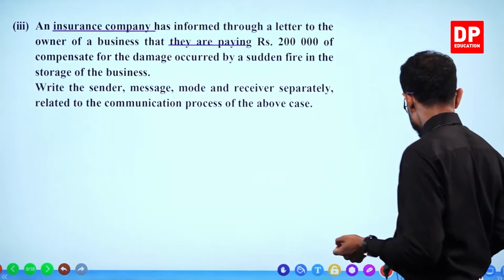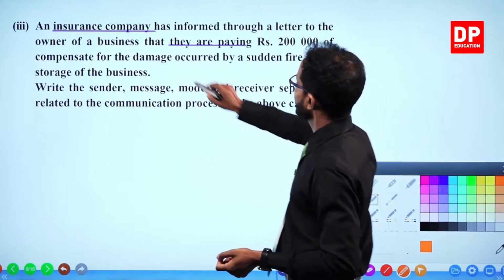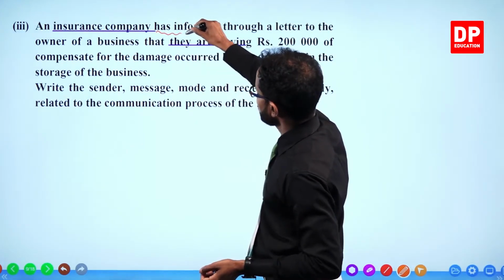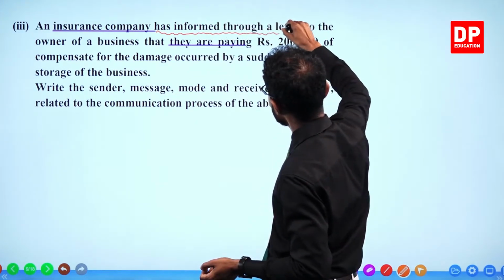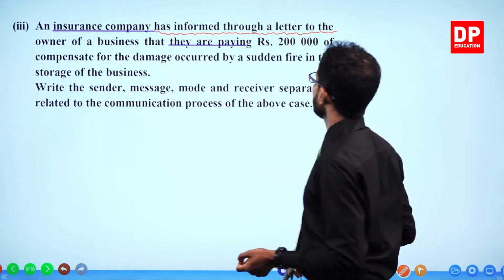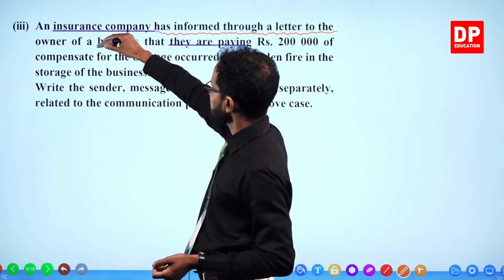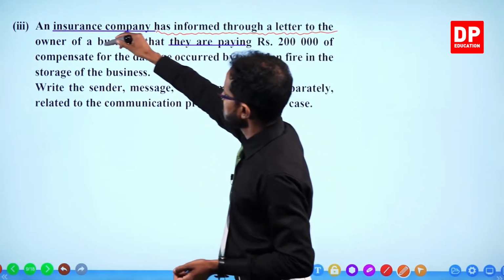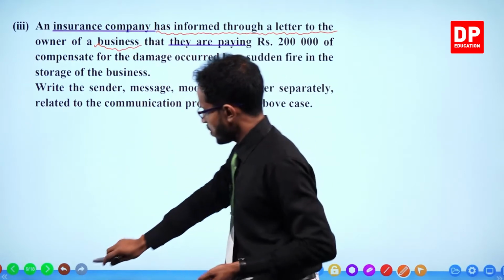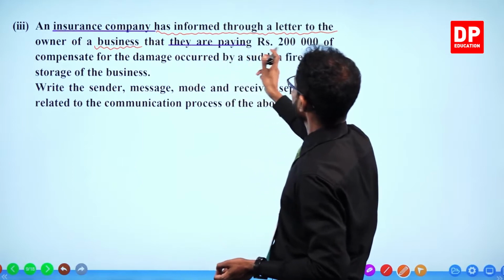They're sending a letter. The insurance company informed the owner of the business by a letter, saying that they are paying 200,000.